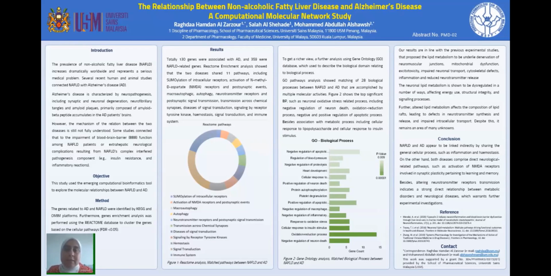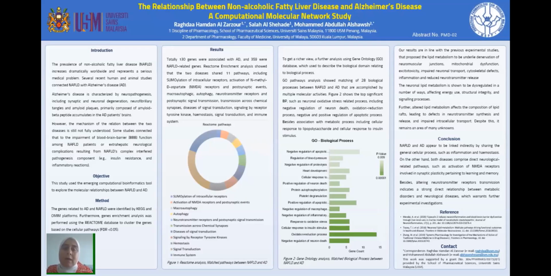Our first analysis showed that the two diseases share 11 pathways interfering with autophagy, neurotransmitter receptors, postsynaptic signal transmission, and the immune system. Our second analysis showed the matching of 28 biological processes between NAFLD and Alzheimer's disease, as we can see in figure number 2. This includes neuronal oxidative stress, neuron death, apoptotic process, and cellular response to lipopolysaccharide and insulin stimulus.